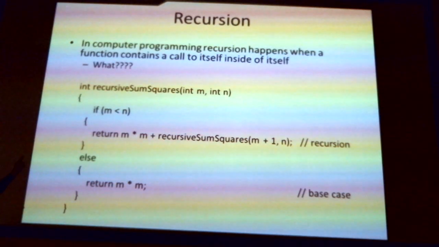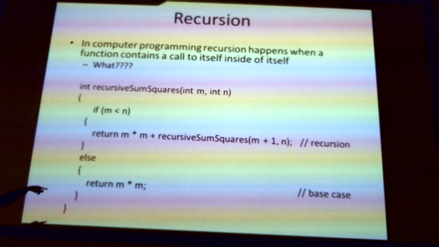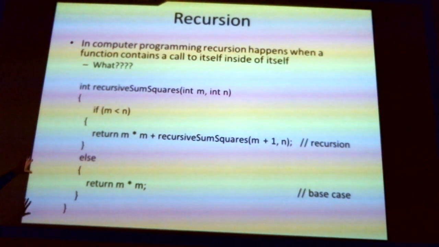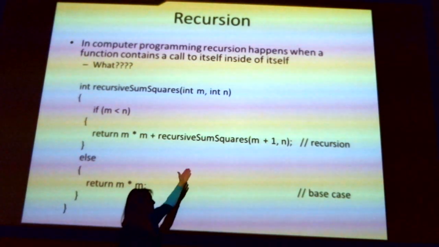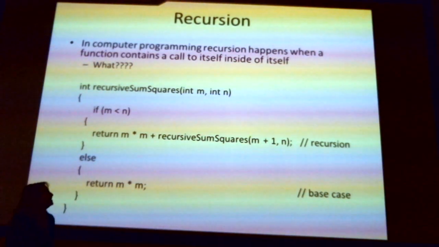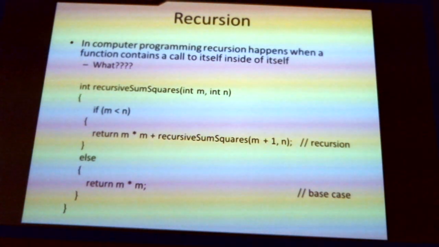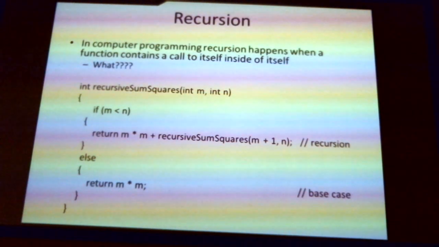When we hit our base case, meaning we're ready to get out of our recursive call, down here it just does the math. Otherwise, up here, it's calling itself again. So you can see this is the recursive portion of the function. It keeps going while m is less than n, and it's putting those function calls onto the stack.